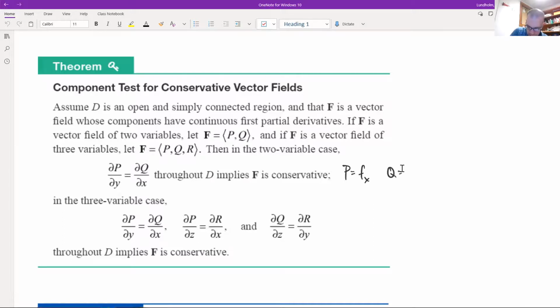Q is already the partial derivative with respect to y for some function. So what we're doing here on the first part is testing, does f of xy equal f of yx? And do those things equal each other?